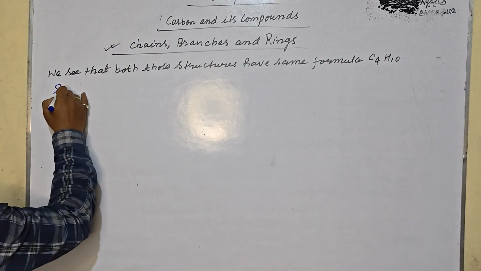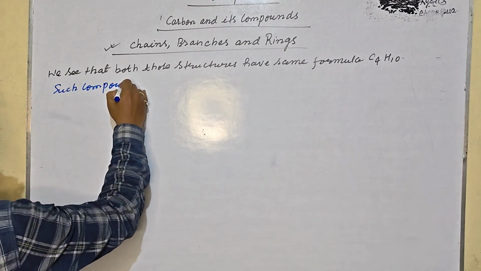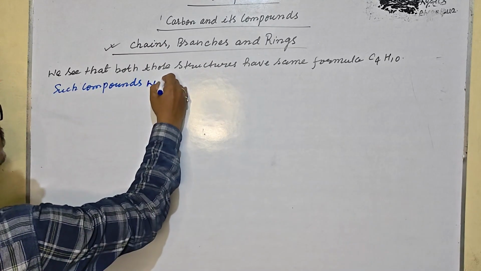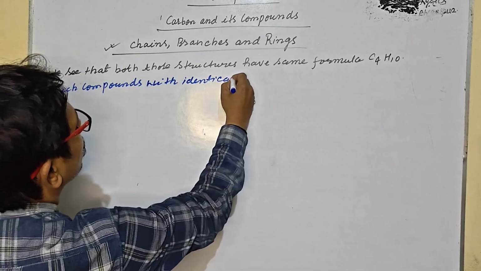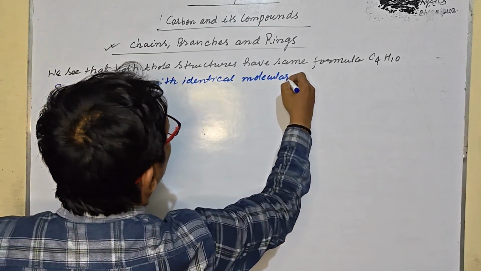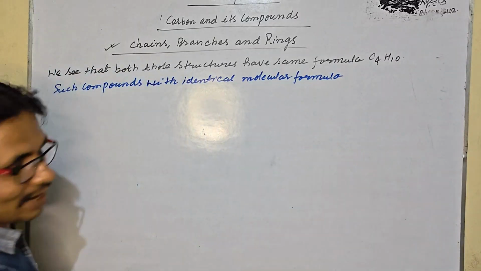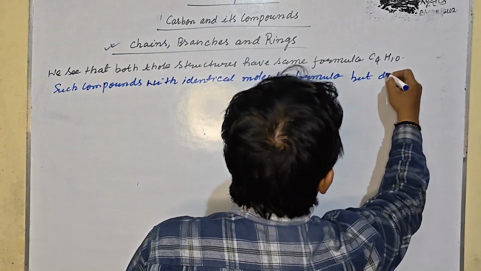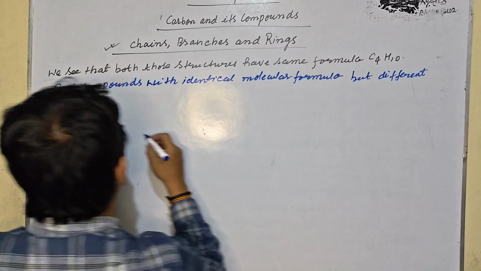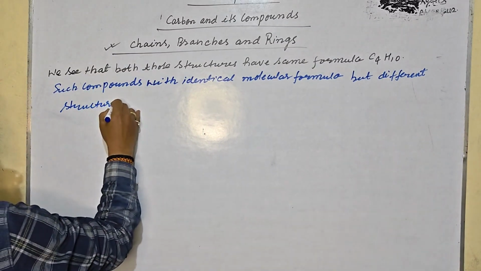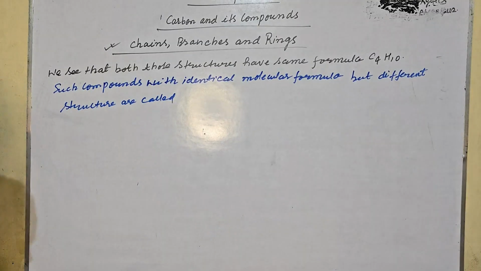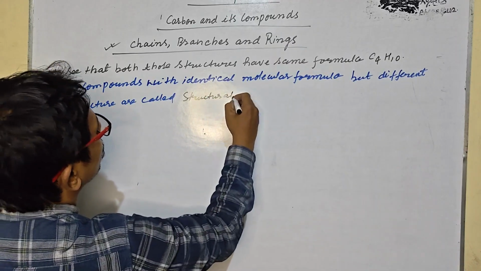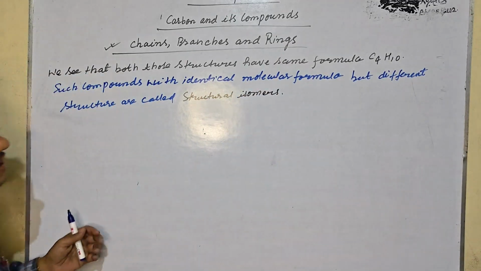Such compounds with identical molecular formula but different structures are called structural isomers. So, my dear students, these are the structural isomers.